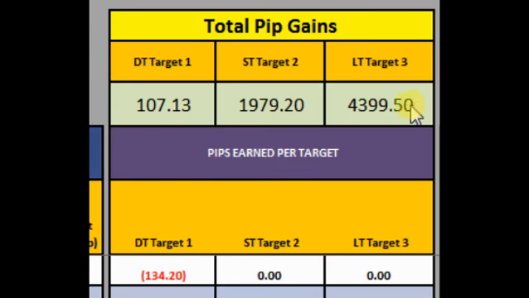My pip gains for the year are still in excess of 6,500 pips.